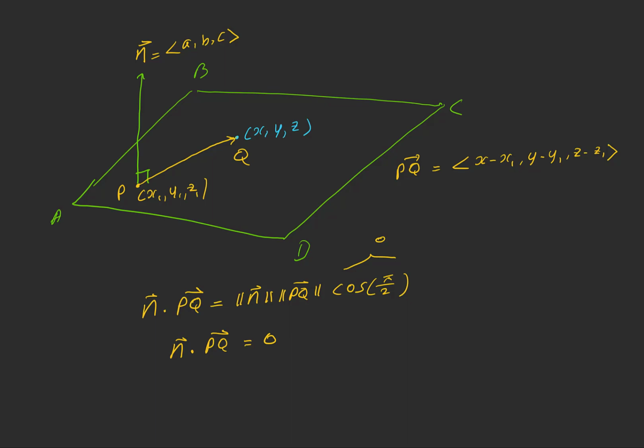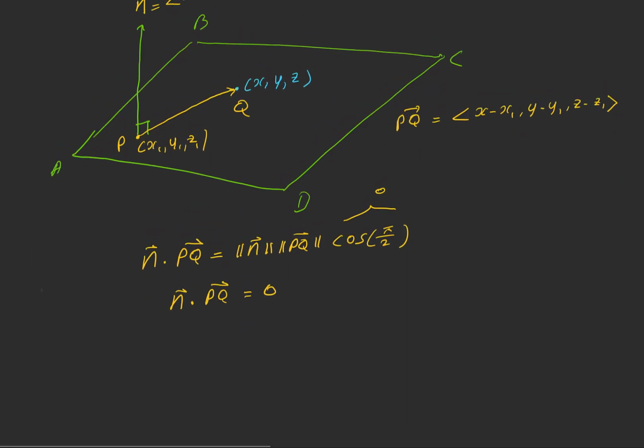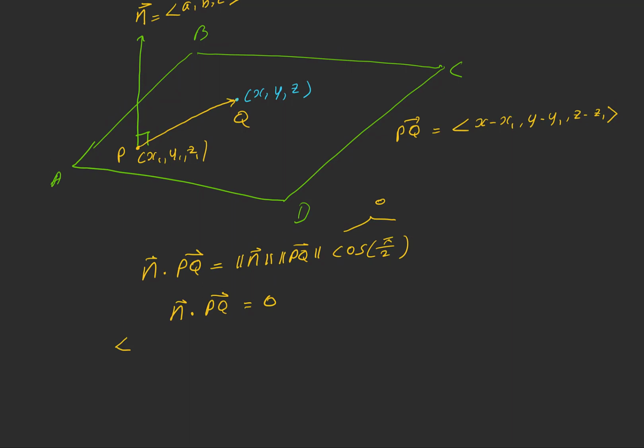Now, what is n? n is A, B, C. So I use A, B, C and PQ vector x minus x1, y minus y1 and z minus z1. So this equals 0. Now we can simplify this. We have A times x minus x1 plus B times y minus y1 plus C times z minus z1 equals 0.